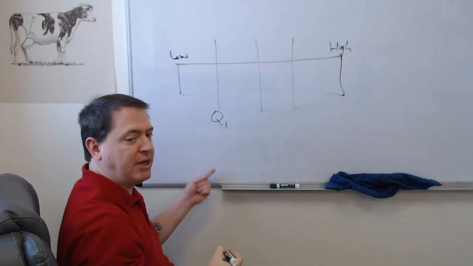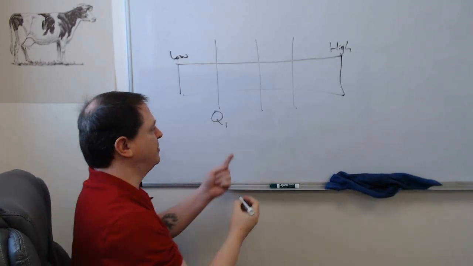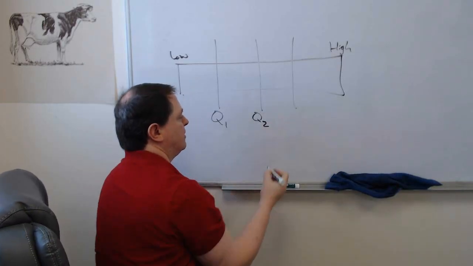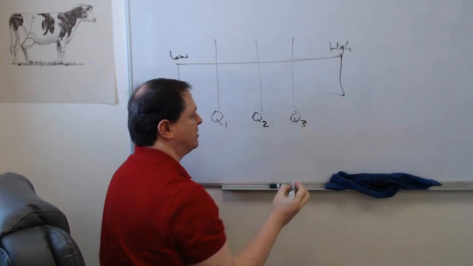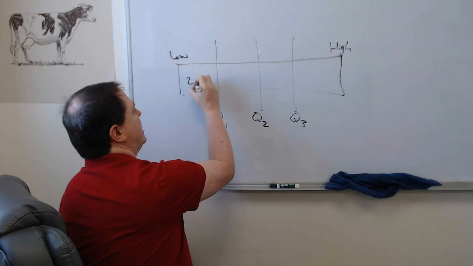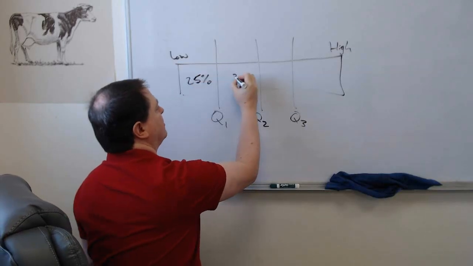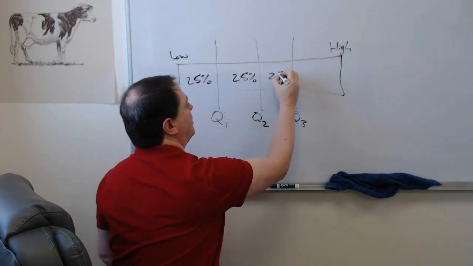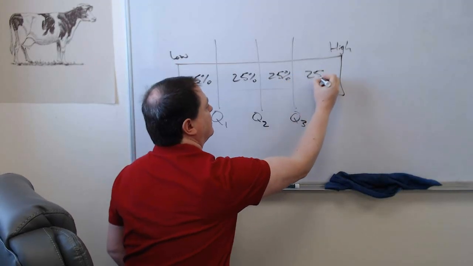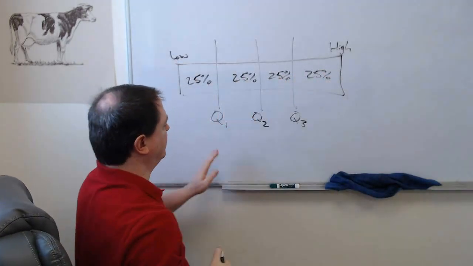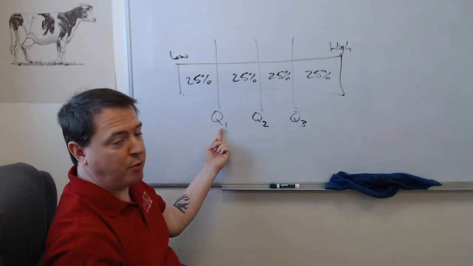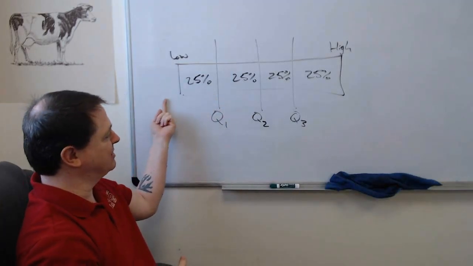The first quartile, which you write as Q with a subscript of 1. Then Q with a subscript of 2 is the second quartile. And Q with a subscript of 3 is the third quartile. Each one of these will have 25% of the data, is how we split things up here. So for this first quartile, 25% of the data is less.